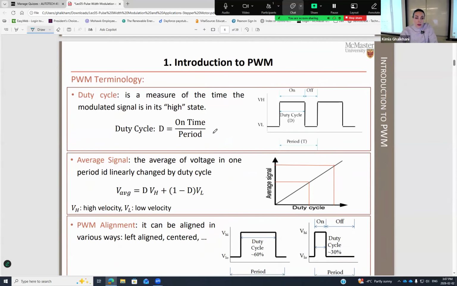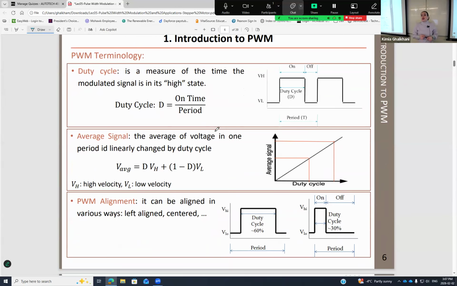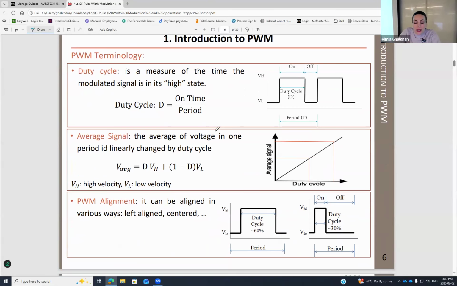Since you are already familiar with duty cycle from analog to digital, my life is a little bit easier in here to talk about duty cycle. Actually, duty cycle, or even they call it duty factor, either will work.